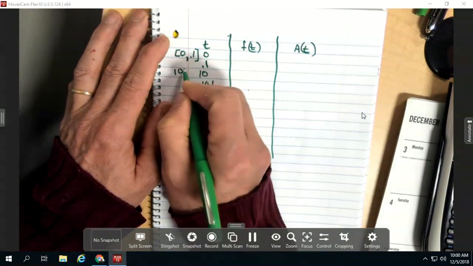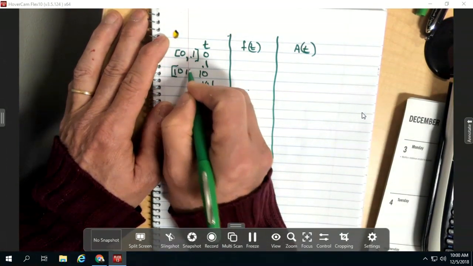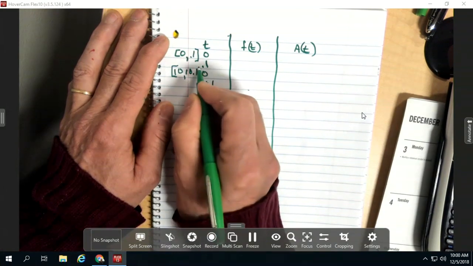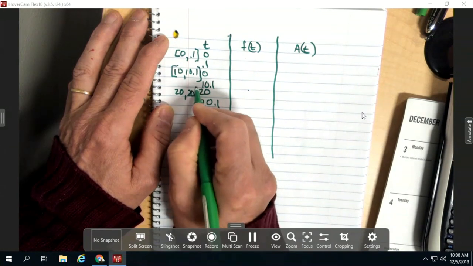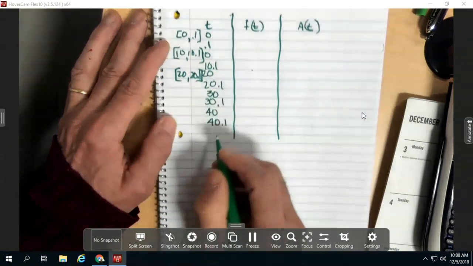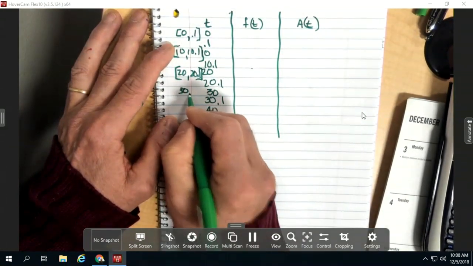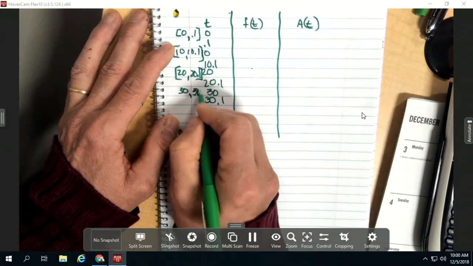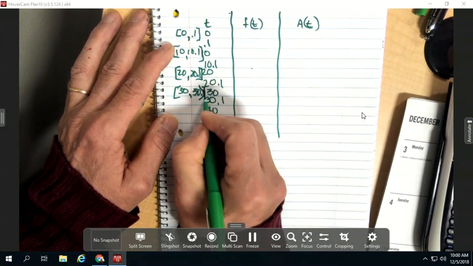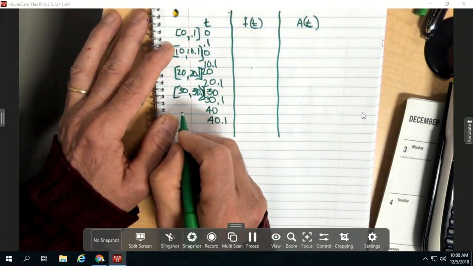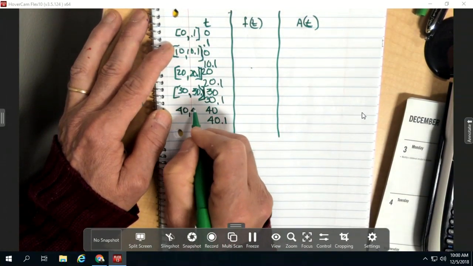And then between 10 and 10.1 seconds. And then between 20 and 20.1 seconds. So we're going to have to complete this table to figure that out, because we need to know the value at each one of those seconds and 1/10 of a second later.